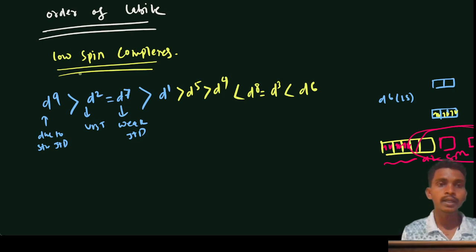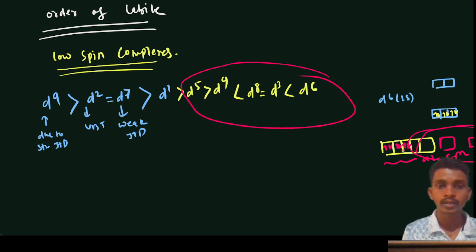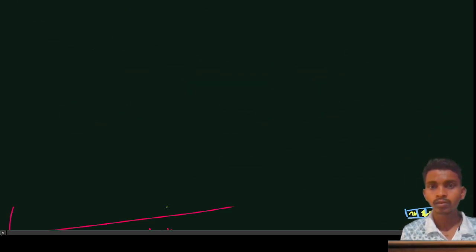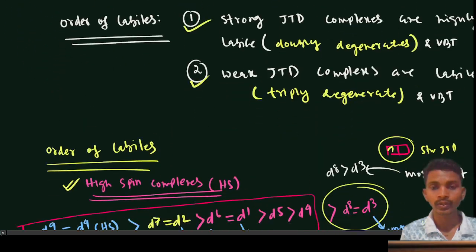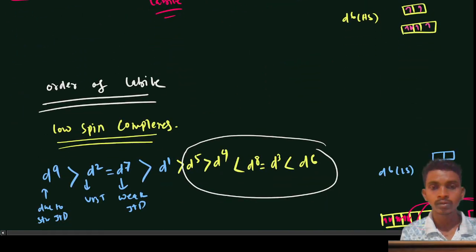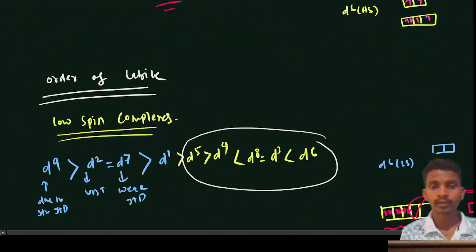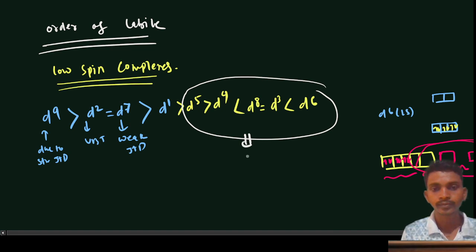So this is the actual order. D4, D5, D6, D8, D3 are the inert compounds, and D9, D7, D1 are labile compounds.